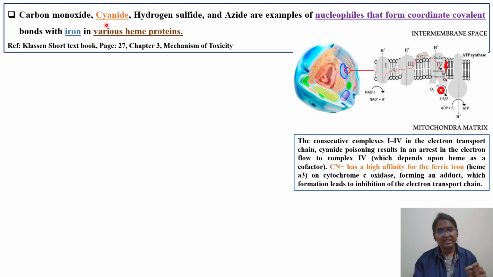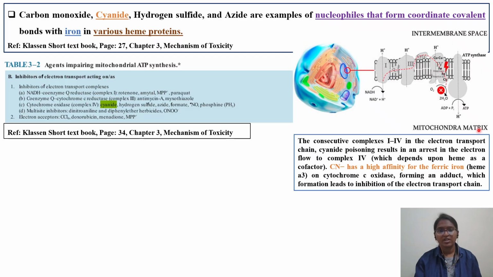Carbon monoxide, cyanide, and other examples are also there: hydrogen sulfide and azide. They are examples of nucleophiles that form coordinate covalent bonds with iron. So with Fe2+ at the molecular level, what it is forming is a coordinate covalent bond with various heme proteins. So this you read. In addition, table 3.2, you read about the agents which are impacting mitochondrial ATP synthetase.